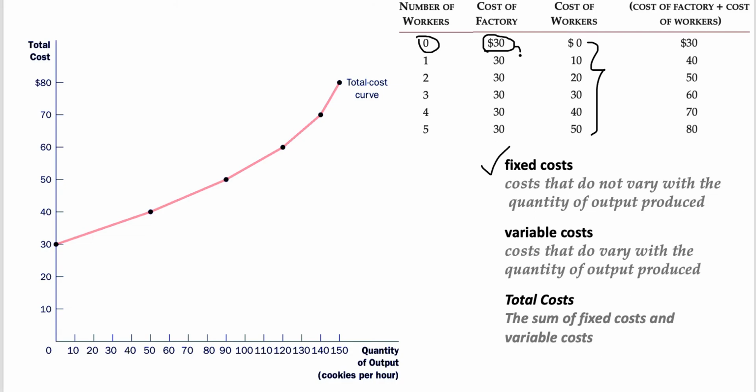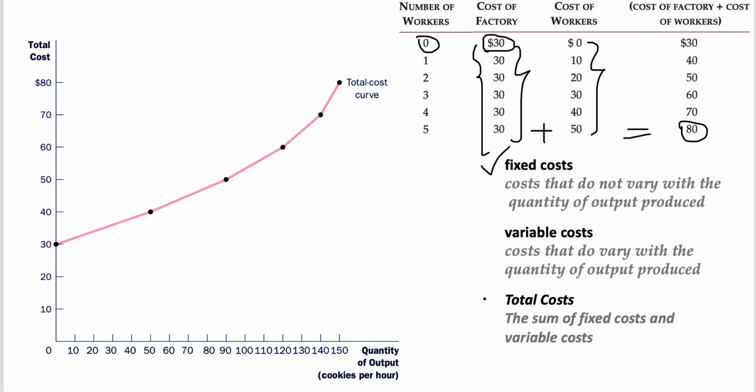Because this is the fixed cost, if we hire 5 labor, what we have to pay is 30 plus 50 equals 80. So again we see that the total cost is changing by an additional 10 units, but this is the fixed cost.